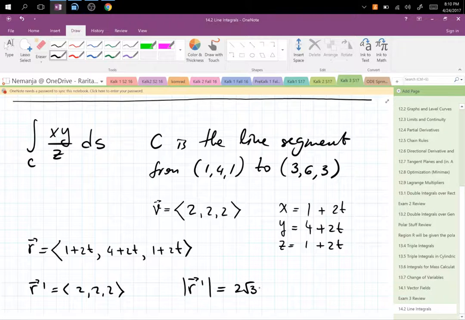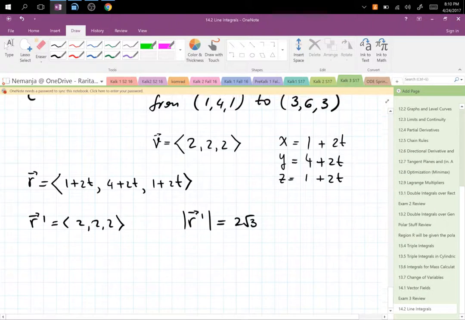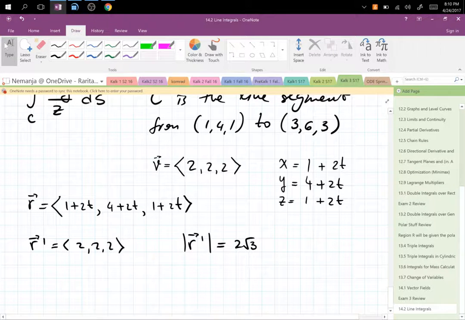So now we are going to plug everything into the integral. But hold on. What is the value of t so that we get our numbers? If you have t equals 0, it goes 1, 4, 1. And how do I get to 3, 6, 3? 0 to 1.